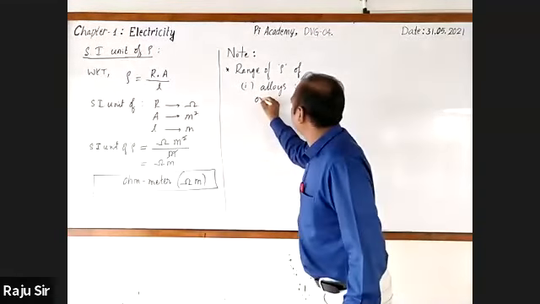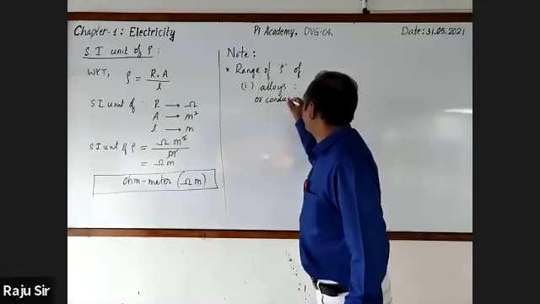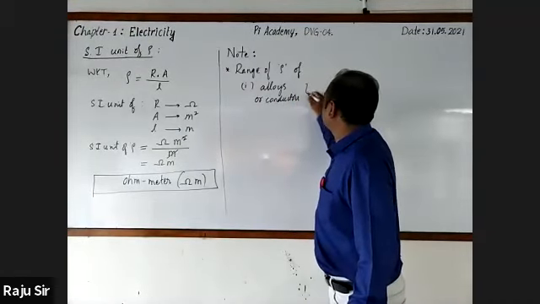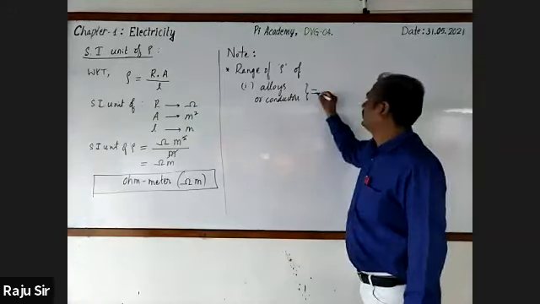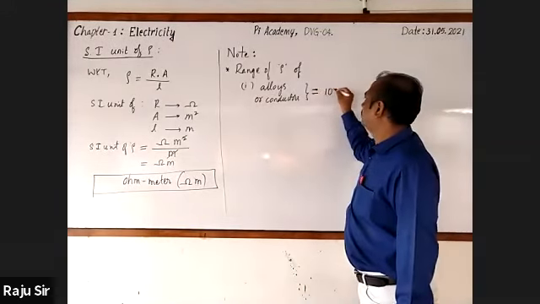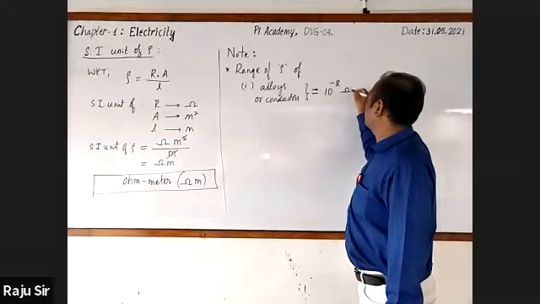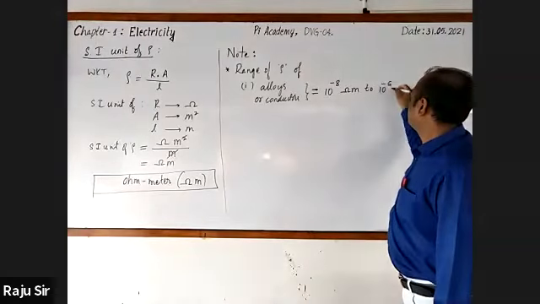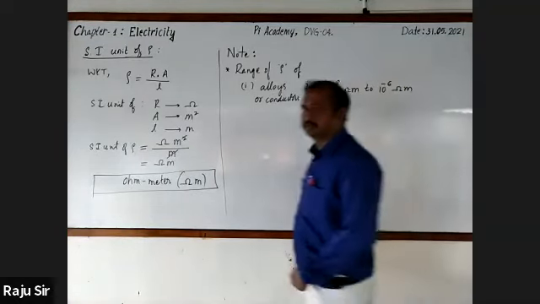Even you can write conductors. Conductors will also be same. What is the range? It is 10 raised to the power minus 8 ohm meter to 10 raised to the power minus 6 ohm meter.